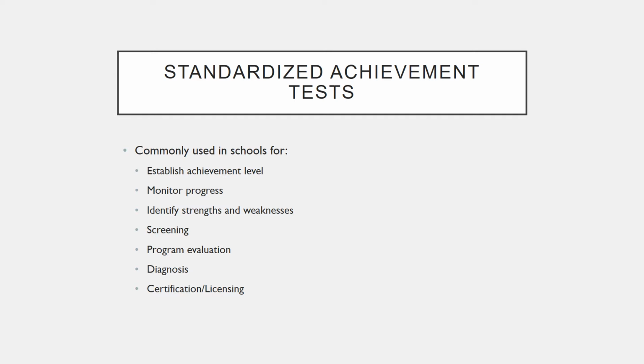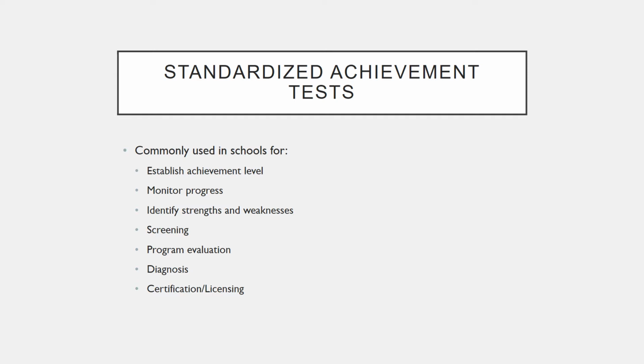So thinking about even things like the National Counseling Exam, which is meant to show achievement in relation to counseling skills, is a norm-referenced scoring test, so it's the same idea. And then often used in terms of program evaluation.